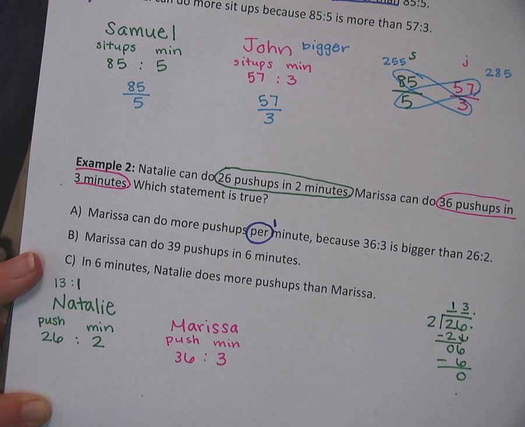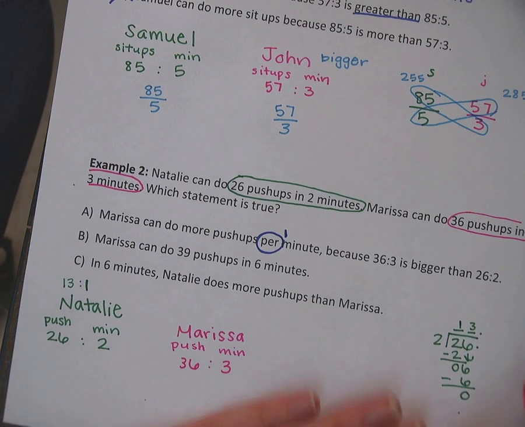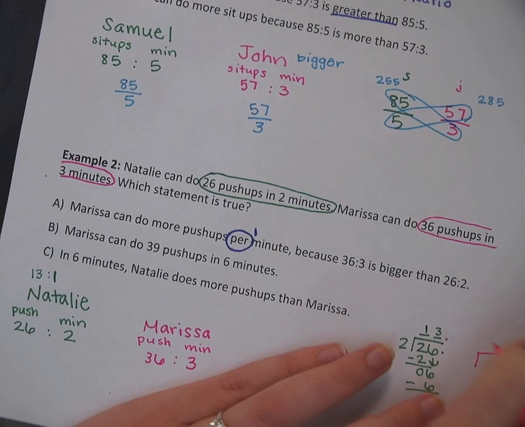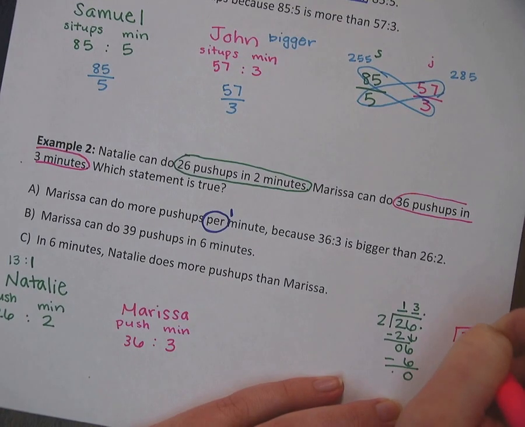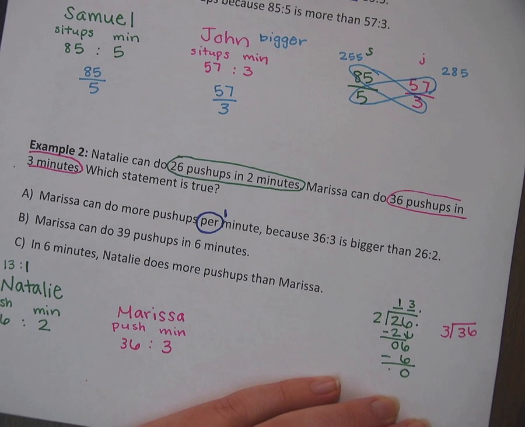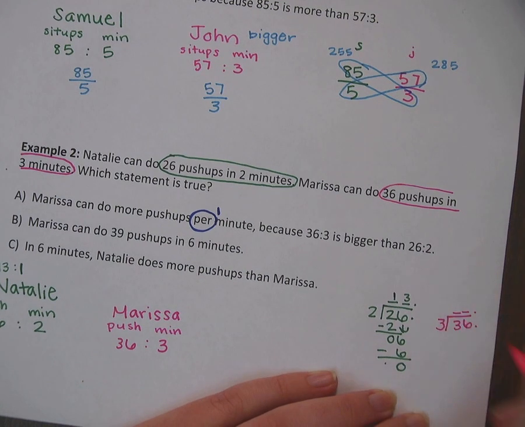So now I can do the same for Marissa. I can do 36 divided by 3. Okay, put in my dinner plate, spoons and hat. 3 goes into 3 one time. That gives me 0. 3 goes into 6 2 times. That gives me 6.